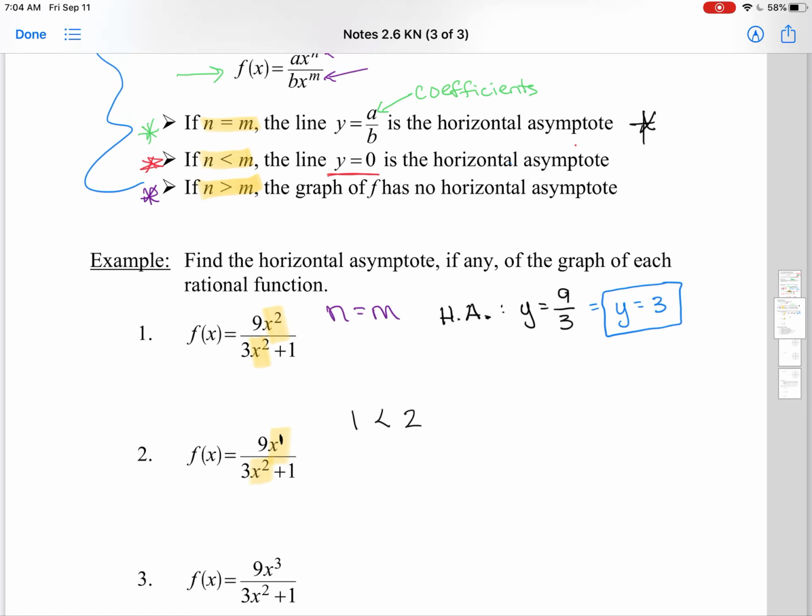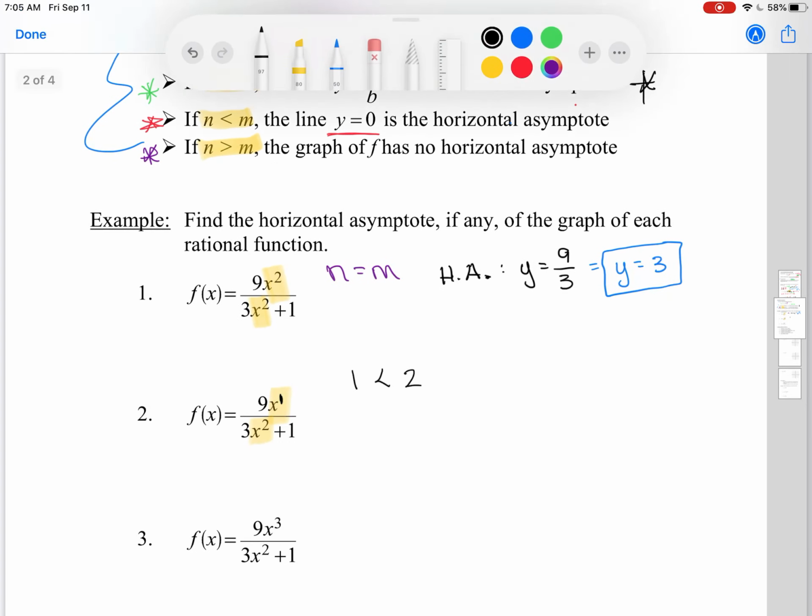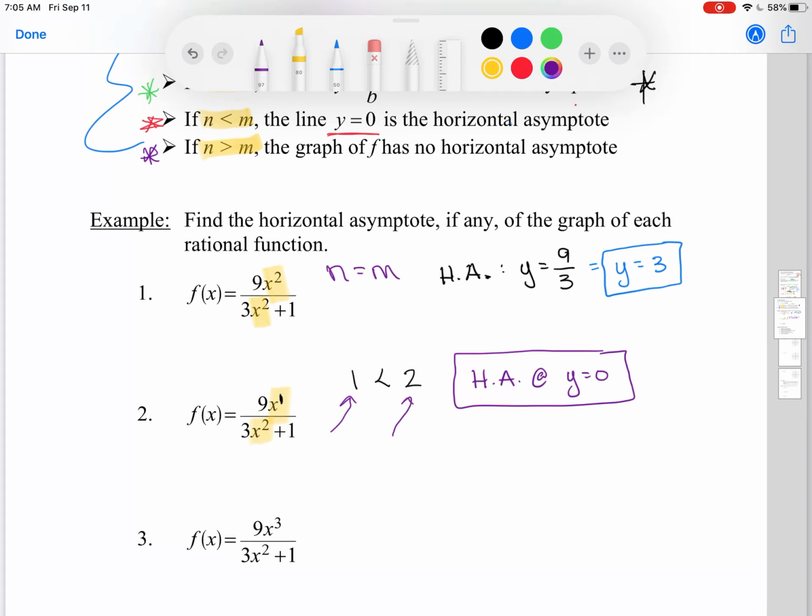Well, if that's the case, then the line y equals 0 will be my horizontal asymptote. So I'm going to say a horizontal asymptote at y equals 0, strictly because my n value, the top exponent, was less than my m, my bottom exponent. Okay, the rules apply here, so let's use them.